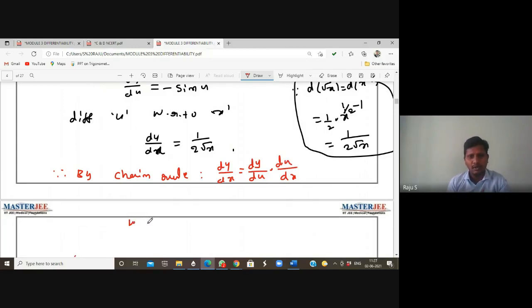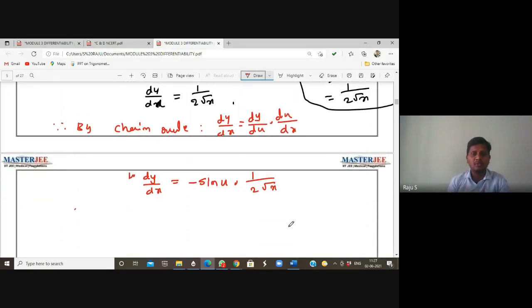So dy by dx is equal to minus sin u into 1 by 2 root x. Try to remember the root x derivative formula.